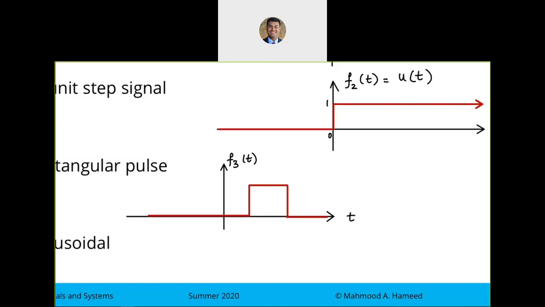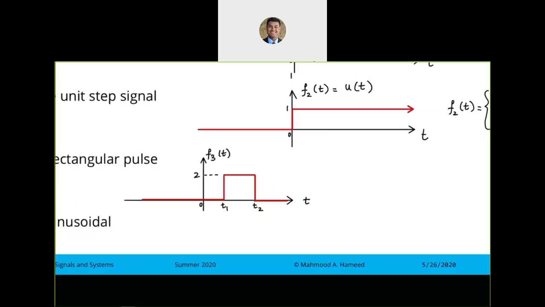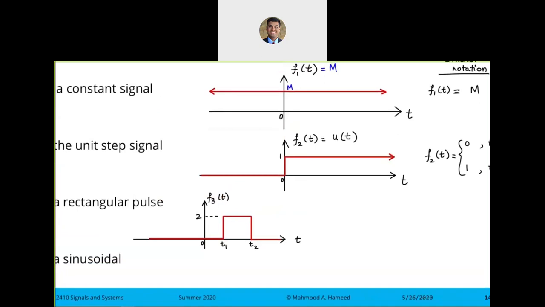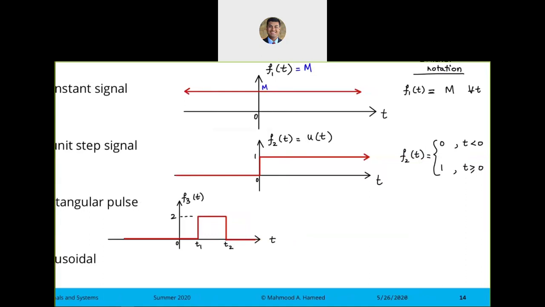And some arbitrary amplitude, say I can make a unit rectangular pulse. It doesn't really matter. I can say 2, doesn't matter. And this can be t1 and this can be t2 and this can be 0. So that's a unit pulse or a rectangular pulse that is turning on at t1 and it is turning off at t2. How can I represent this in a bracket notation?